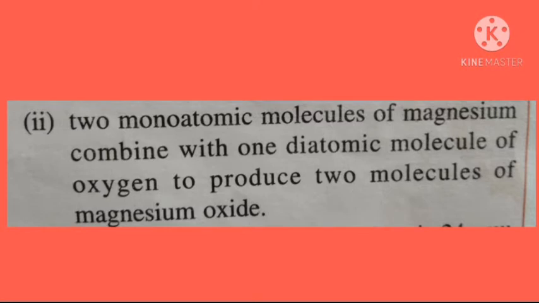How many atoms and how many molecules? That is the reason. So magnesium combines with one diatomic molecule of oxygen to produce two molecules of magnesium oxide. Our product is magnesium oxide.